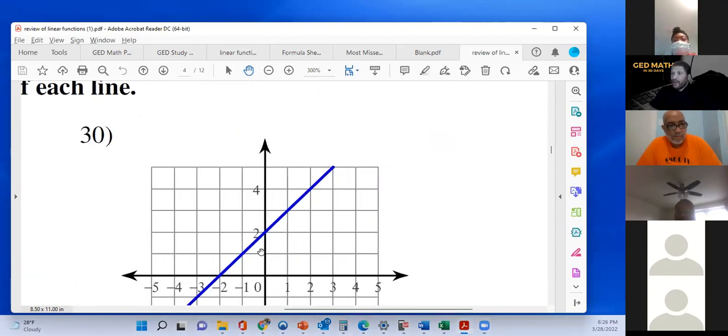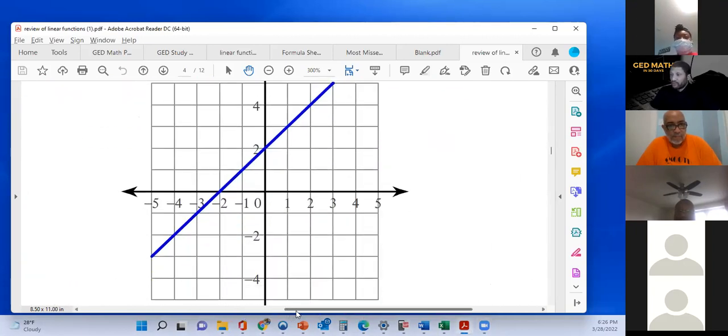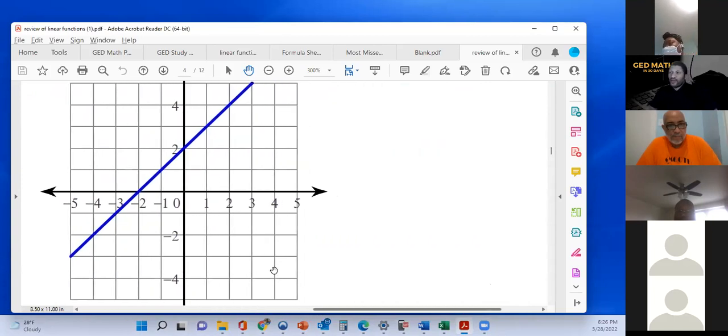Initially, we just found the slope. First, I showed you whether it's positive or negative. Then we found the slope. Now we're going to define what the y-intercept is.